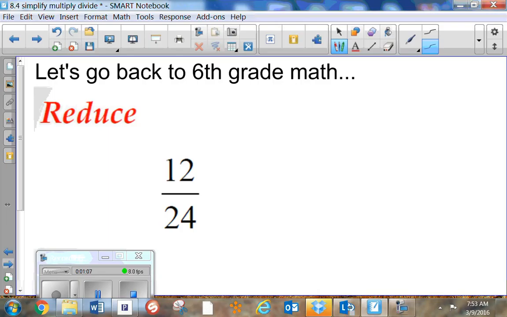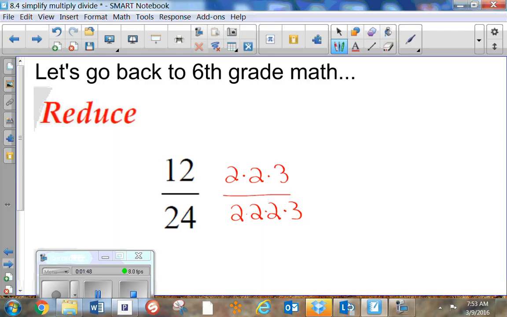Okay? All right. So when you read 12/24, what does this reduce to? A half. Your brain knows that, you hop right to that. But what you don't remember is the way you did that when you very first learned it, that was hard for you. What your teacher had you do was write all the factors of 12. 12 would be 2 times 2 times 3. And then you would write out all the factors of 24, which would be 2 times 2 times 2 times 3.